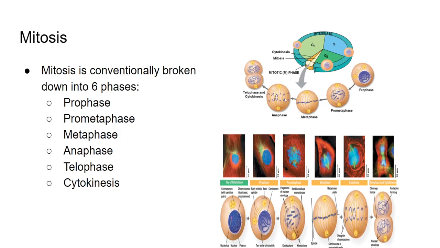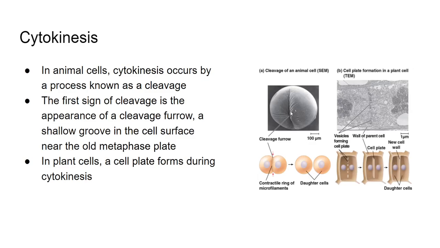This was the old metaphase plate where the chromosomes all lined up. Now the cell is going to split into two right where that old metaphase plate once was. And this is the final step of basically mitosis, cytokinesis. We're seeing the cell split into two new daughter cells.